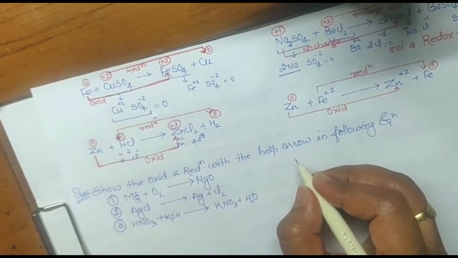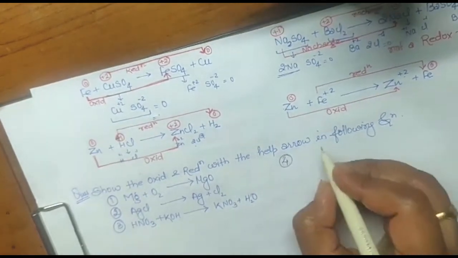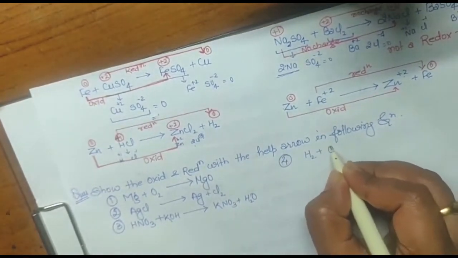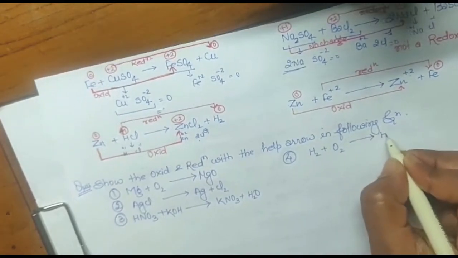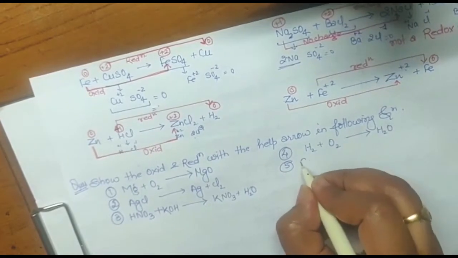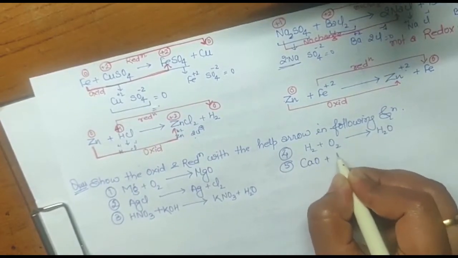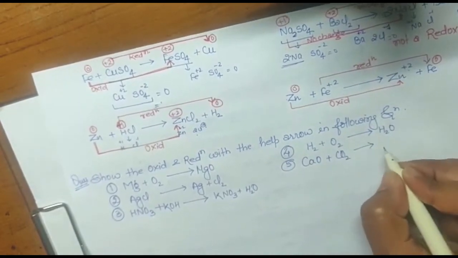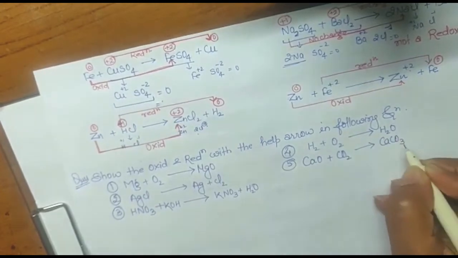Fourth example, H2 plus O2 changes into H2O. Fifth, CaO plus CO2 changes into CaCO3.